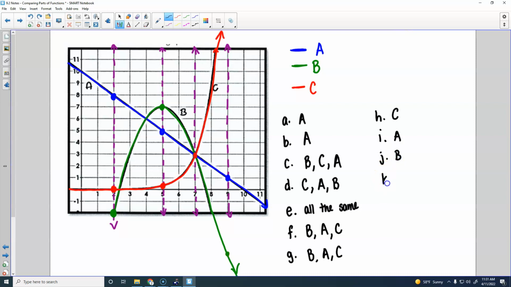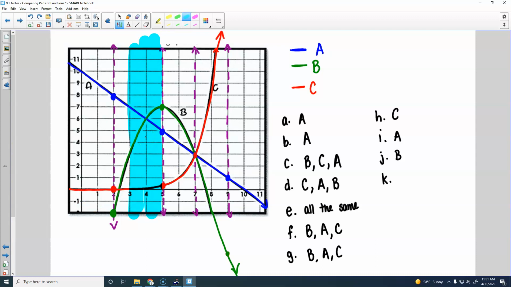All right. K. Which function has the largest ROC? What do you think ROC stands for there? Rate of change from 3 to 5. So 3 to 5, we're looking at this area right here, in this highlighted area.